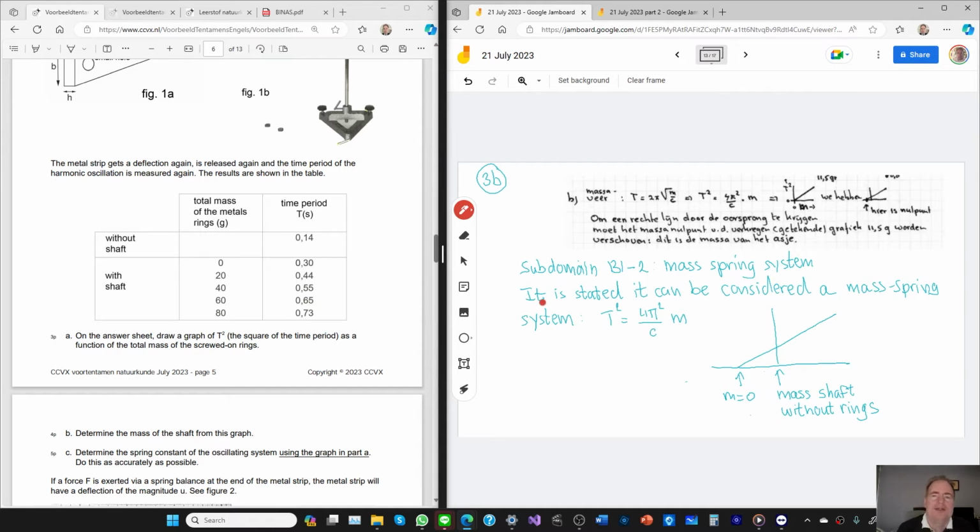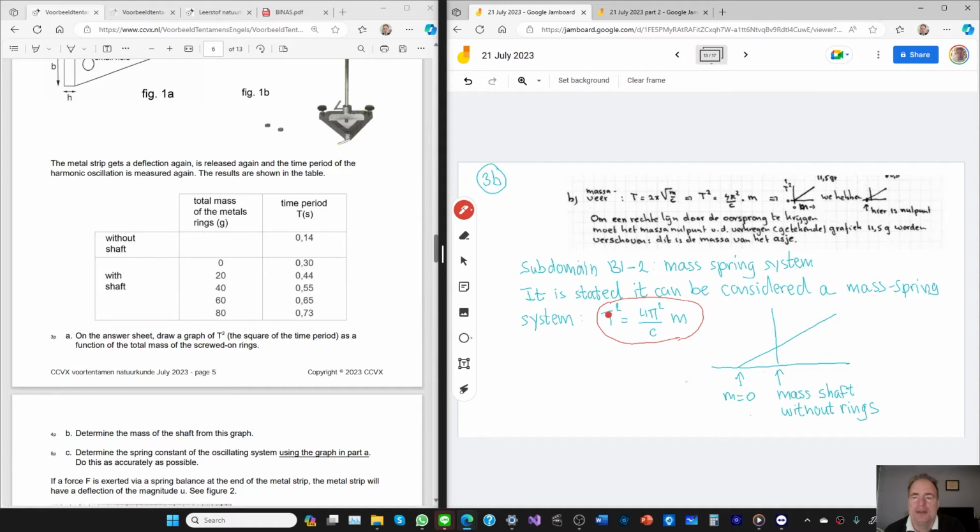So again, we can just assume the mass spring system, and what you need to know from a mass spring system is that the period, the spring constant and the mass are related in this way. So a larger spring constant gives a shorter period squared. There's also this relationship there, and this equation works for all these kinds of vibrational systems.